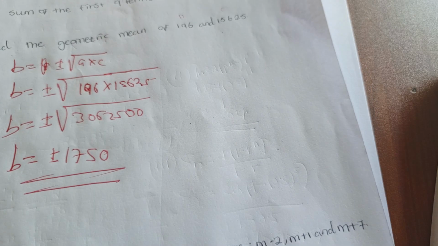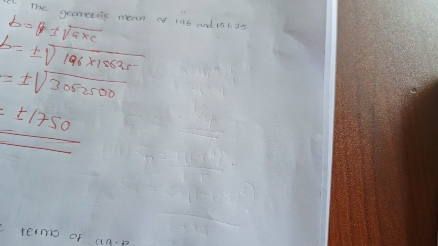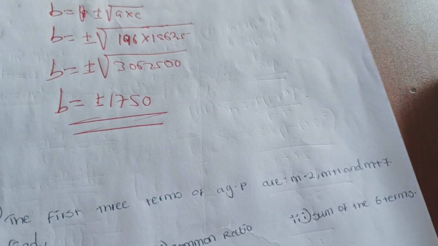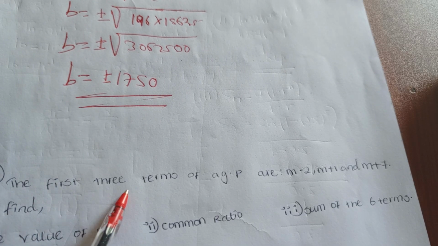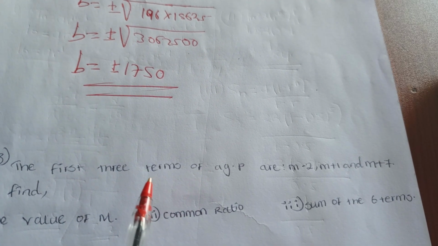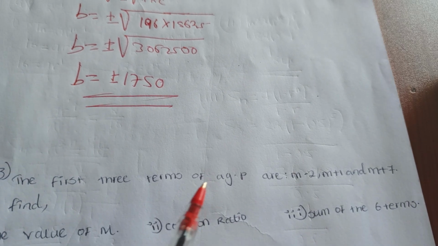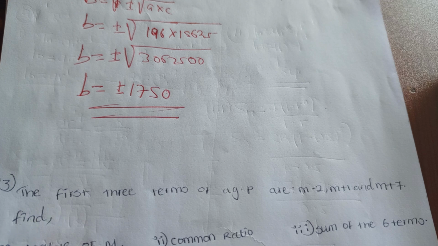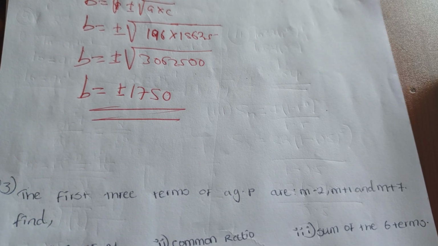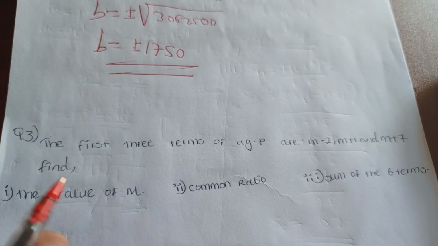Then now let me do this question, which seems to be different from what we have done. The question says the first three terms... This part will be done on the next part, but I can just give you the introduction.